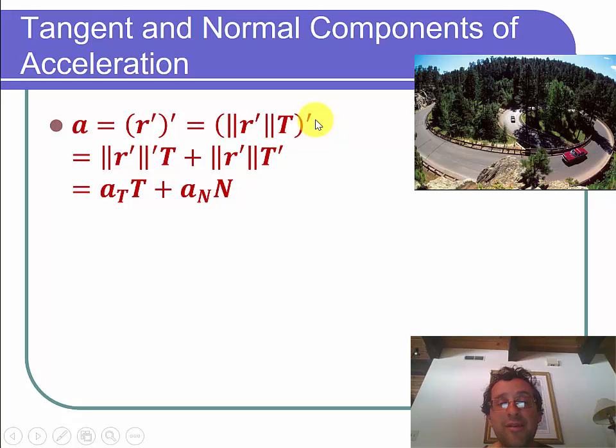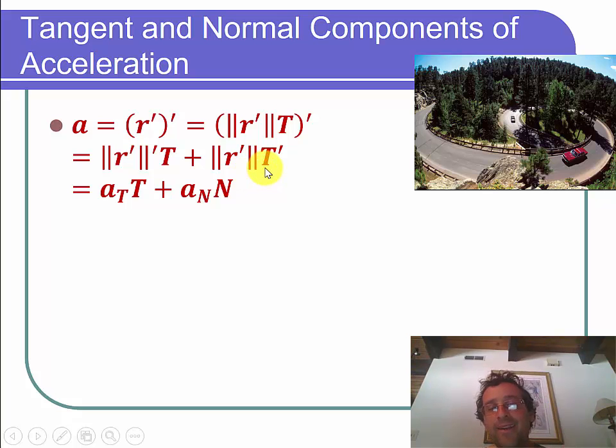Now I can use the product rule for derivatives of vector valued functions and say that's the derivative of the first, which is the magnitude of r prime, all primed, times the second, which is T, plus the magnitude of r prime, that's the first, times the derivative of the second, that's T prime.